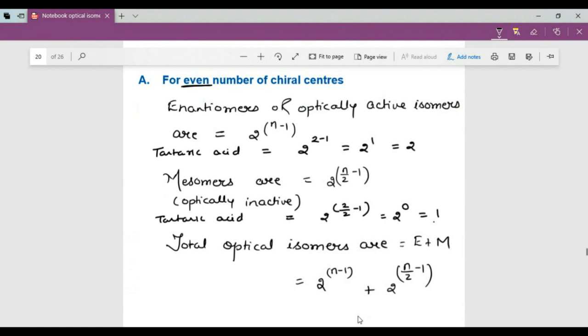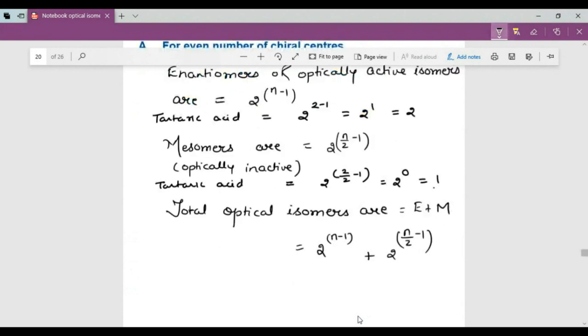But when you comment on the total number of optical isomers, we are very clear that mesomers have zero optical activity. Optical activity is 0, and I have written optically inactive. But when we are asked the number of optical isomers, then it is enantio plus meso, because the meso and enantio differ from each other in their behavior towards plane polarized light only, right?